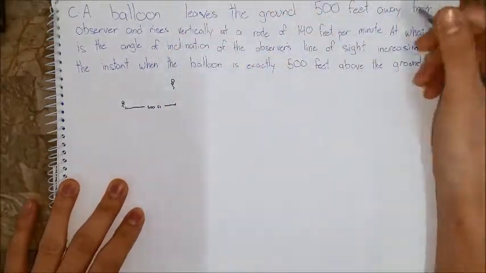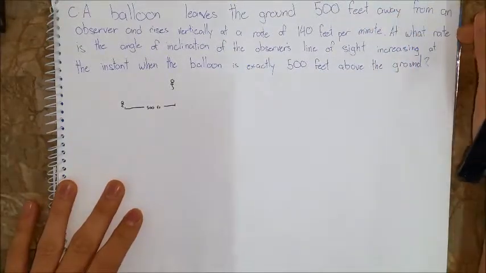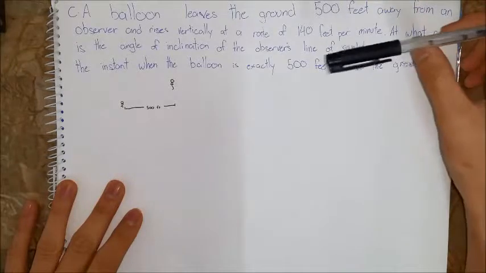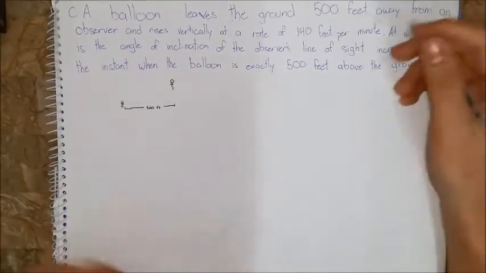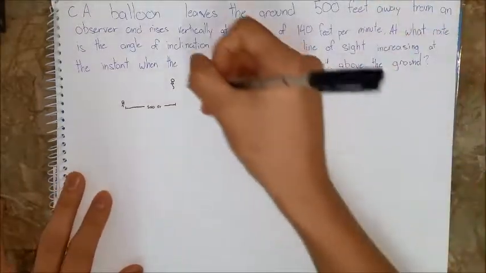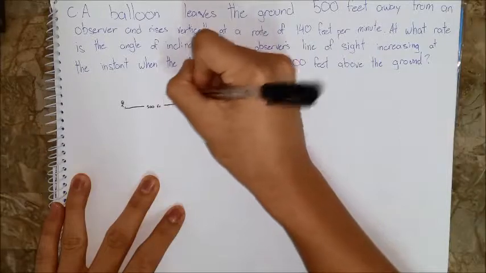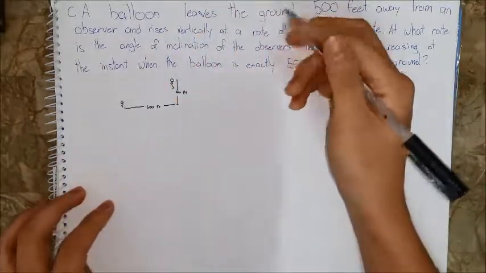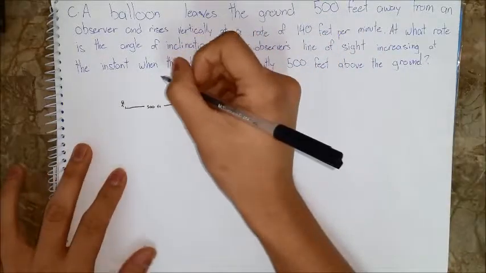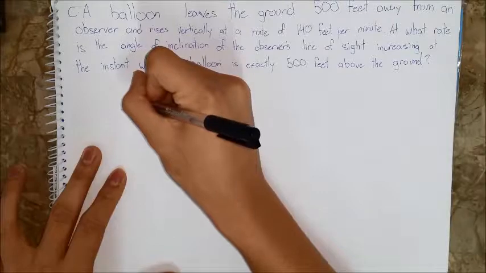And the question asks about the angle of inclination when the balloon is exactly 500 feet above the ground. So when the balloon is 500 feet above the ground, as you can see, this forms a triangle.